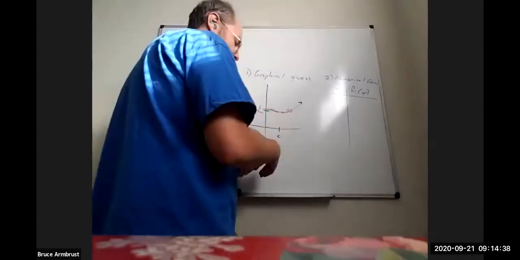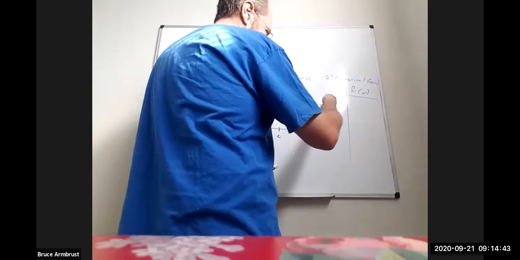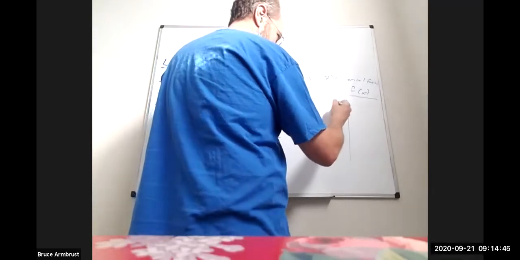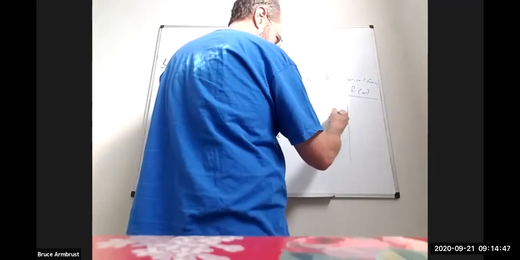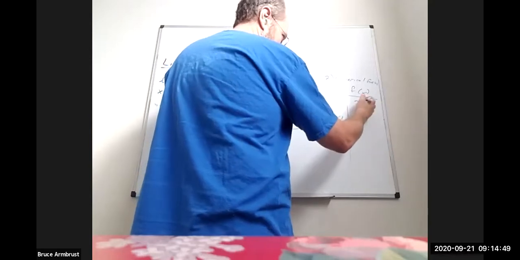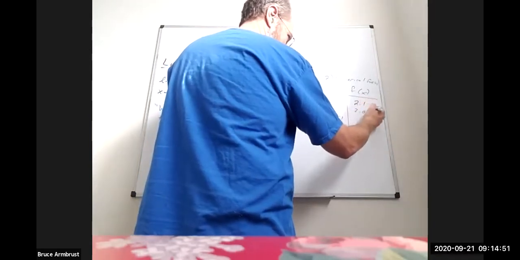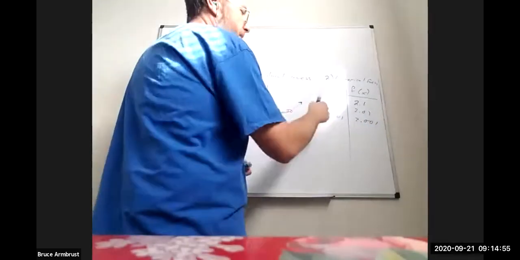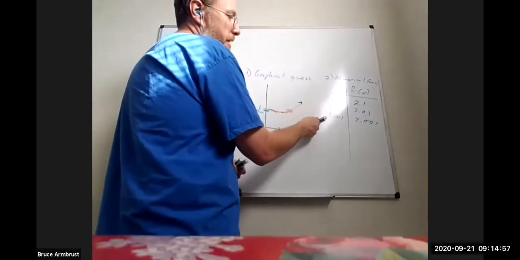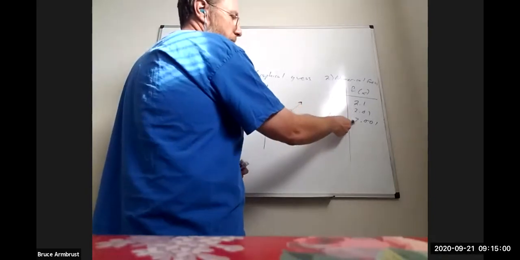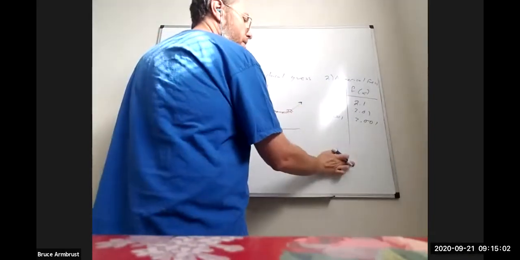Let me take the numbers: I think I was doing 1.1, 1.01, 1.001. It definitely looks like the closer we get to 1, the closer our function value gets to 2.